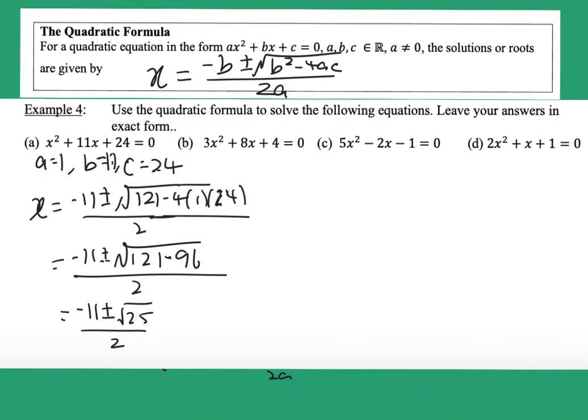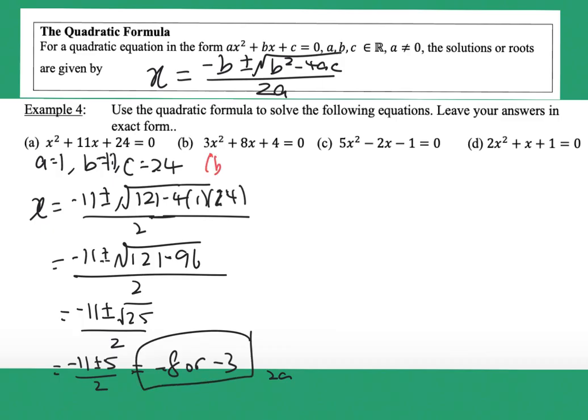So you end up with negative 11 plus or minus 5 over 2. And negative 11 minus 5 is negative 16 divided by 2 will be negative 8. Negative 11 plus 5 will be negative 6 divided by 2. That will be negative 3. So the answer will be negative 8 or negative 3.